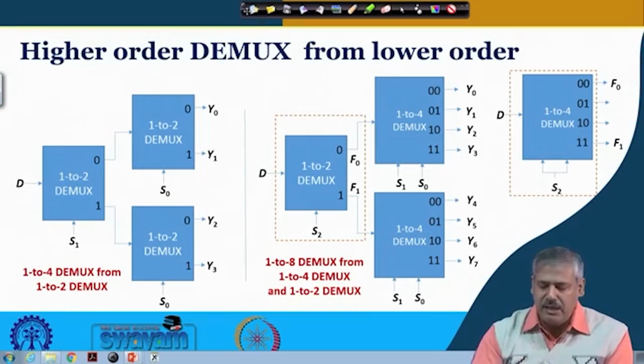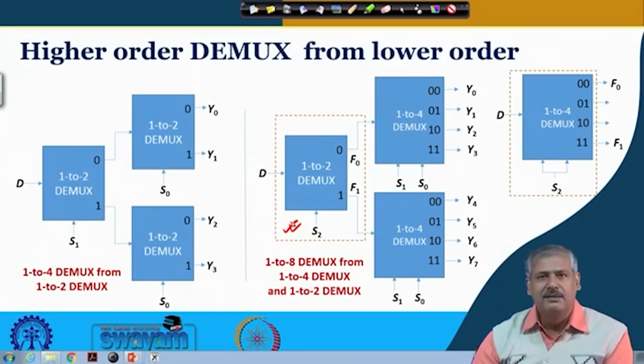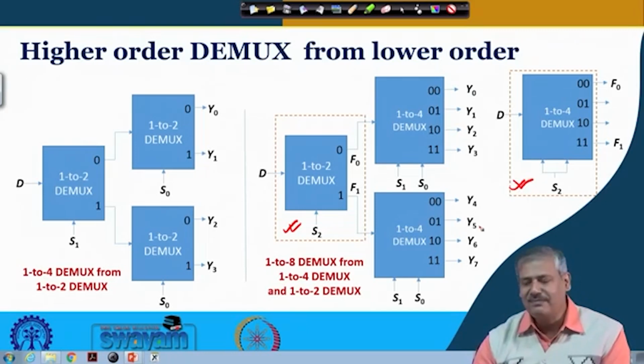And if conceptually only a 1 to 4 demultiplexer is present in the store, then this block needs to be realized by a 1 to 4 demultiplexer, because a 1 to 2 demultiplexer is not available. This can be realized simply by converting a 1 to 4 demultiplexer to a 1 to 2 demultiplexer.